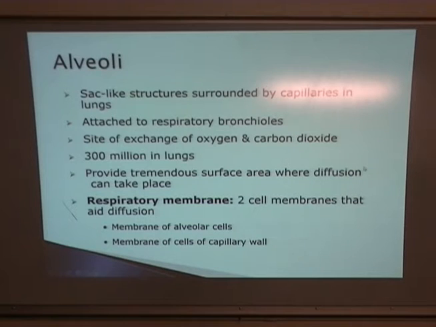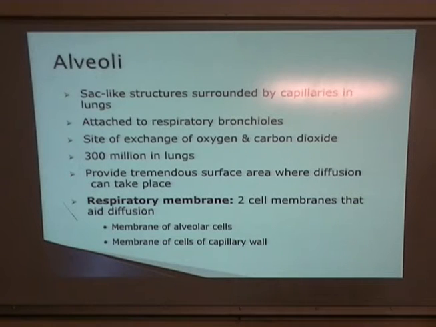All right, so let's talk about our alveoli, because that's really, as I said, what we're the most interested in. The alveoli are like little bundles of grapes, those little round sacs, and they're attached to the bronchioles. There's a little bit of gas exchange in the bronchioles, but very, very little.